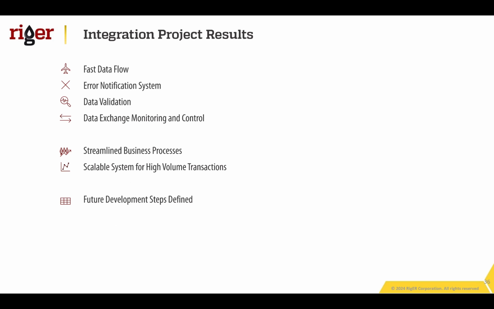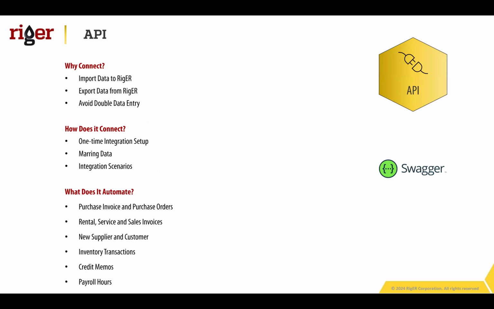And I'm really excited to present a very new development of RigER, which we were asked about several times, and right now it's ready. So we have the RigER API.